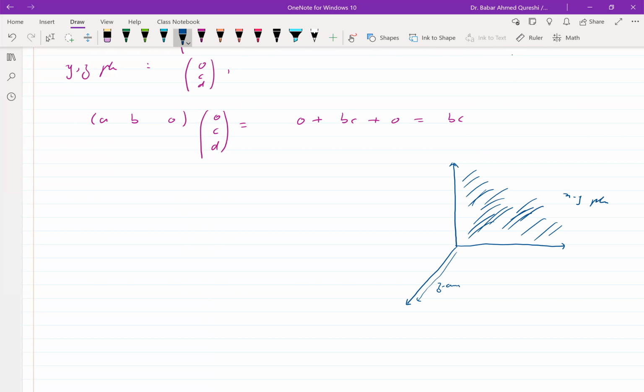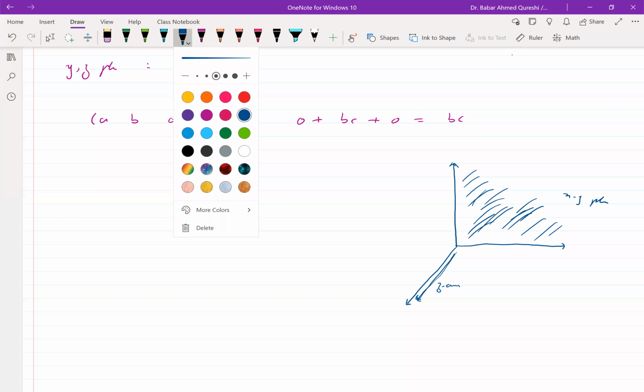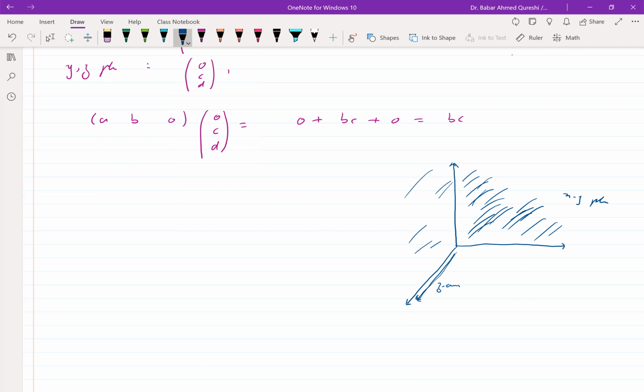They are orthogonal, and this subspace, which is the z-axis, is an orthogonal complement to the xy plane, because this contains all the vectors which are orthogonal to the xy plane. So if I consider this xy plane, it goes all along. Then all the vectors which are perpendicular to this plane are all along the z-axis.